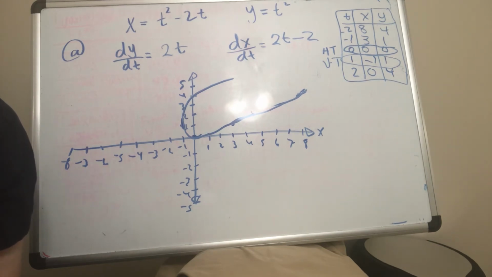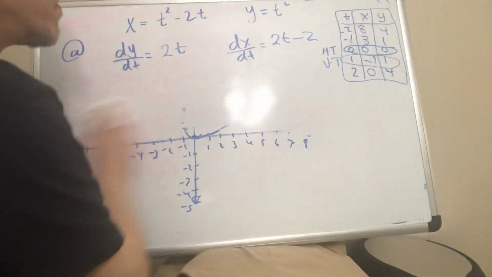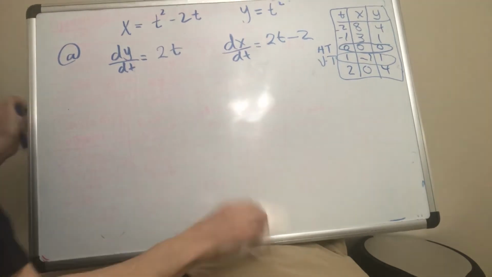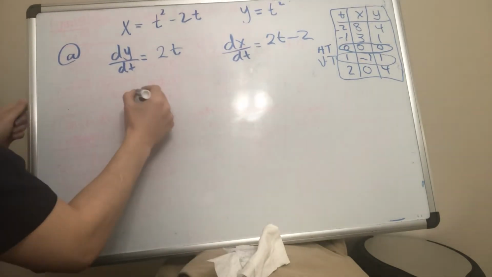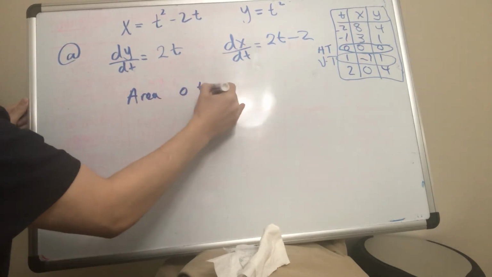Now, there's also part C for the question. Find the area under the curve when you go from 0 to 1.